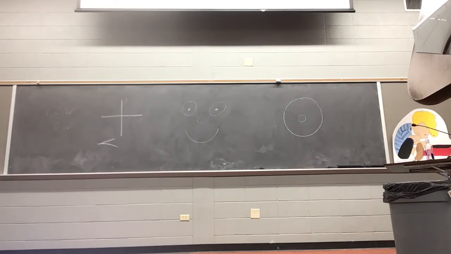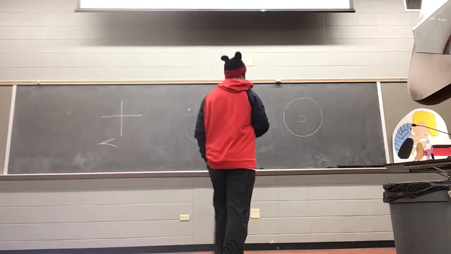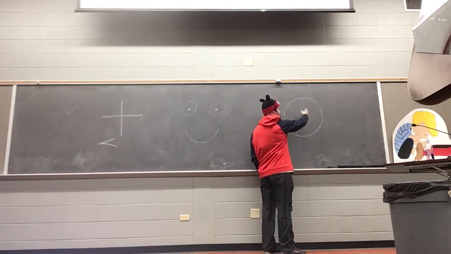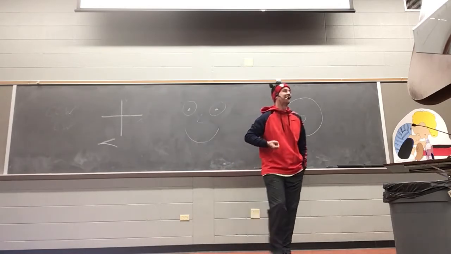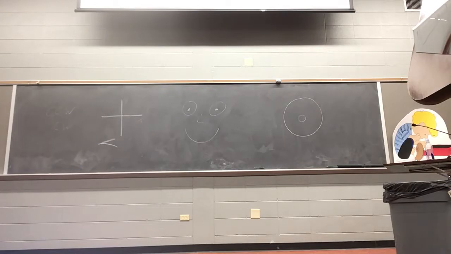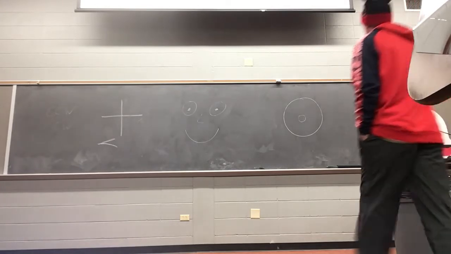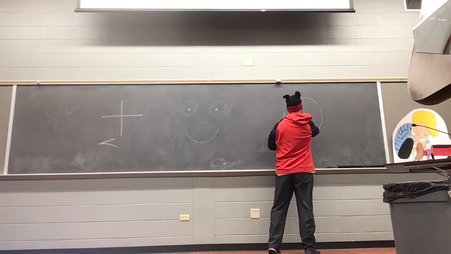I'm just curious. What do you guys see? This right here. What? A donut? I love a donut right now. I see donut. A wheel, maybe if I'd have done this.